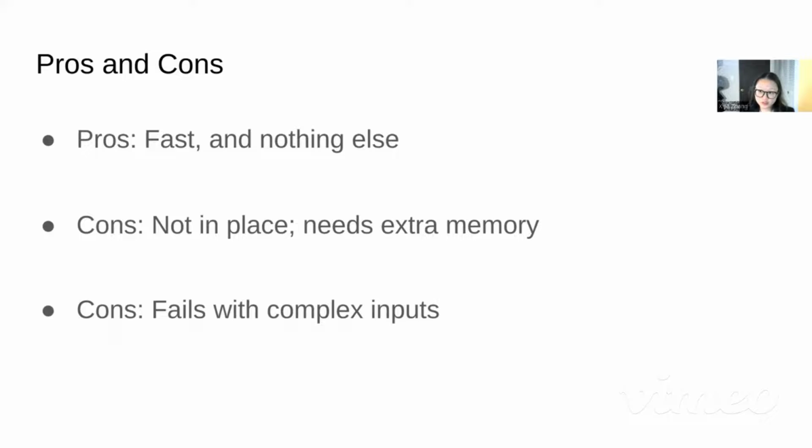But in most applications, we need to reconsider the pros and cons, and a lot of the time people find that its pros cannot overcome its cons. Because the counting sort algorithm is not an in-place sort. It needs extra memory to build the count array.